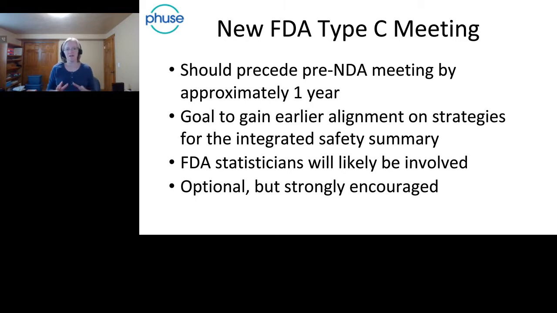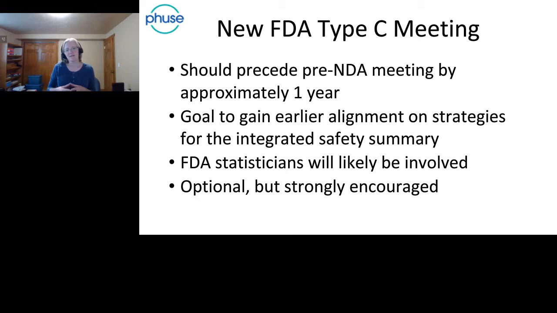Some compounds may have already had some of these or been requested to have one or offered to have one, but it is a new meeting that the FDA is offering to sponsors. It would precede the pre-NDA meeting by approximately a year, and it's all about getting alignment on your integrated analysis planning. I mean, it's a special meeting just for integrated analysis planning, right? So this is good because it gives dedicated time for this very important task.